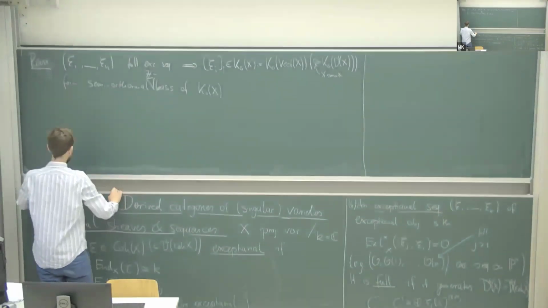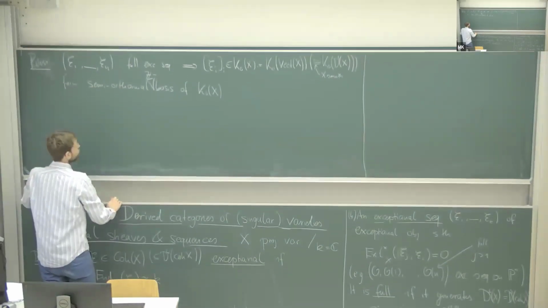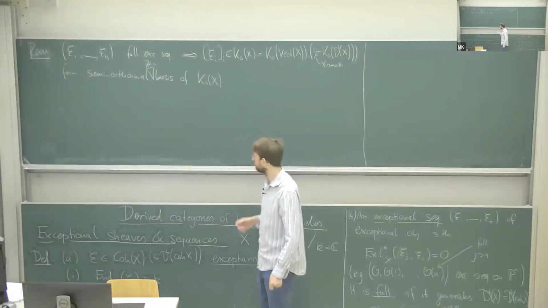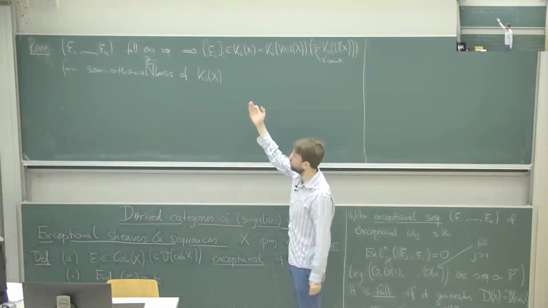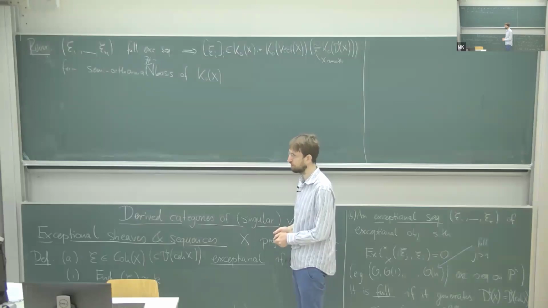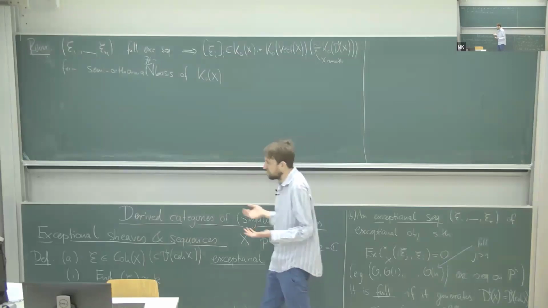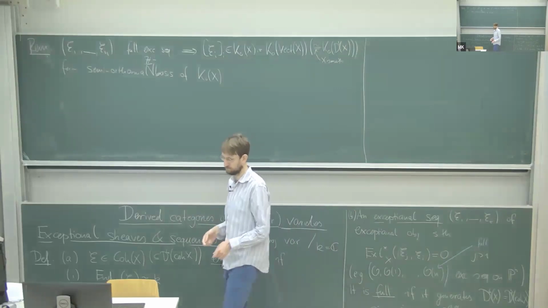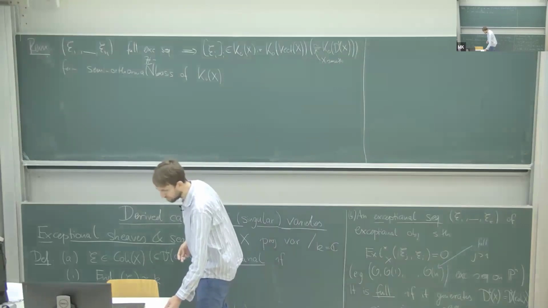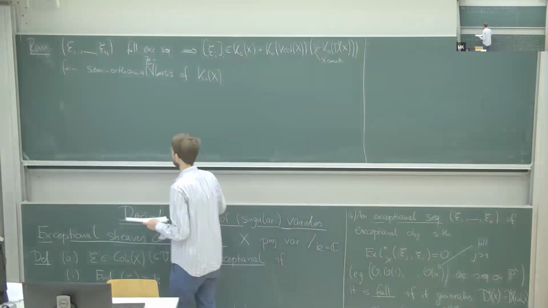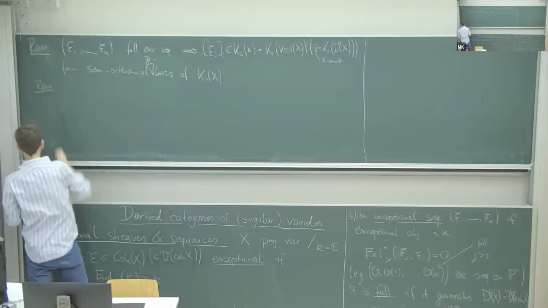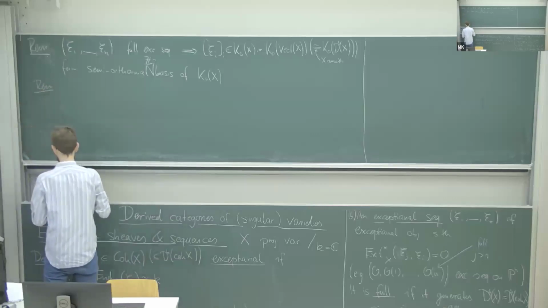If we are lucky enough to have found such a full exceptional sequence, or some exceptional sequence, not necessarily full, we would like to be able to produce more exceptional sequences. And this can be done. So this is the following remark.